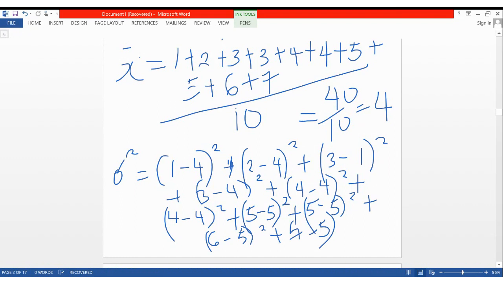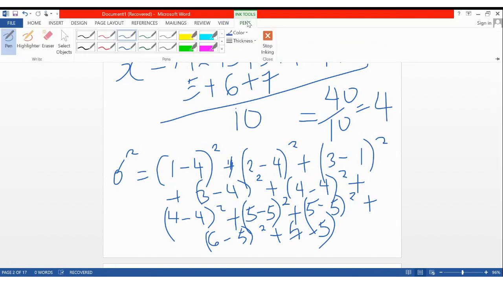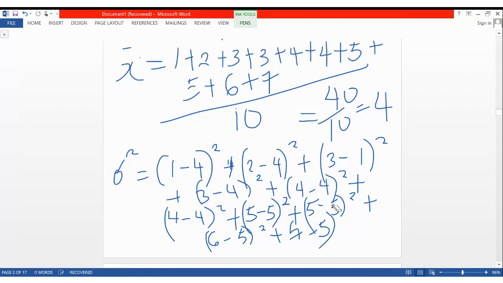There's a mistake there. 6 minus 4. So here 5 minus 4, 4 minus 4, 7 minus 4, all squared. The whole of this will be under what? 10. Divide all that by 10.